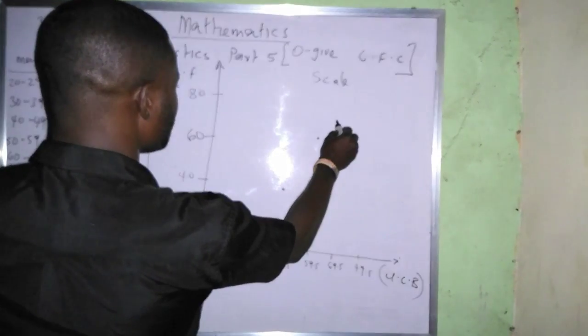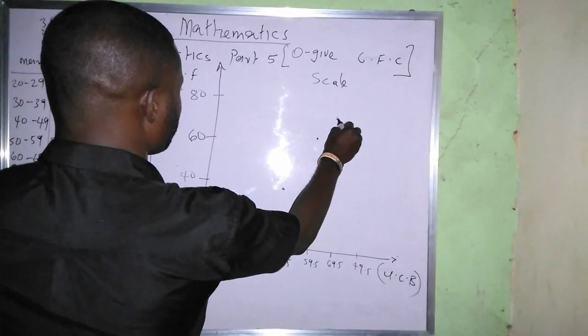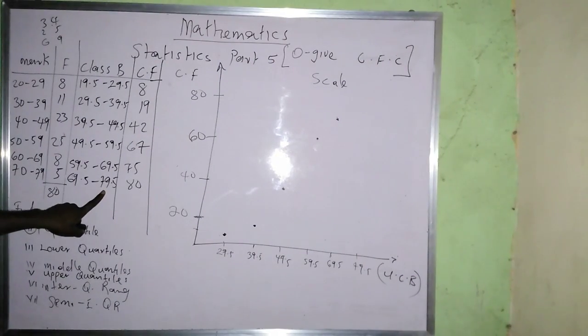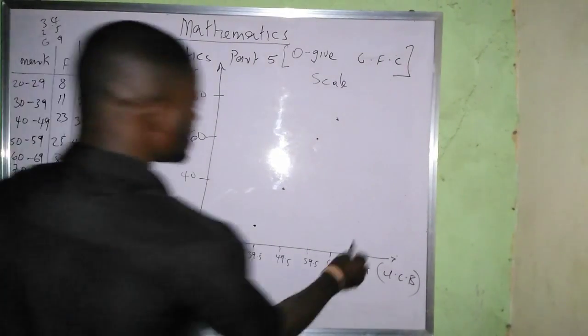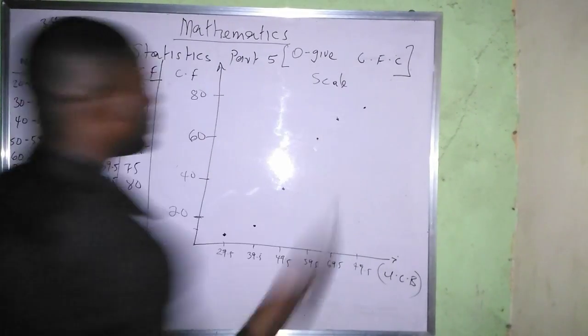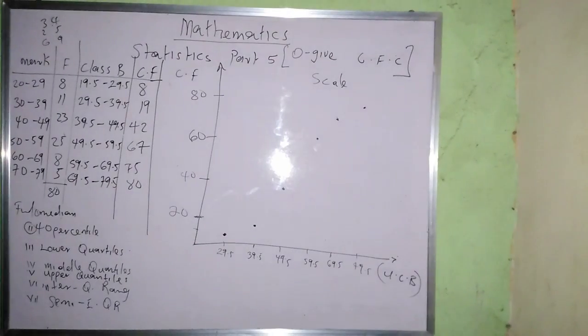This is my 75. Now, at 79.5 I'm at 80. It means I have my 80 like this. Now, this is my cumulative frequency graph.